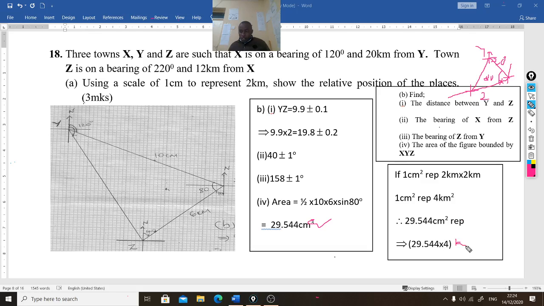If you multiply 29.544 times 4, it gives me 118.176 kilometers square, and that is the answer that will be marked, and not the centimeter square, kilometer square.